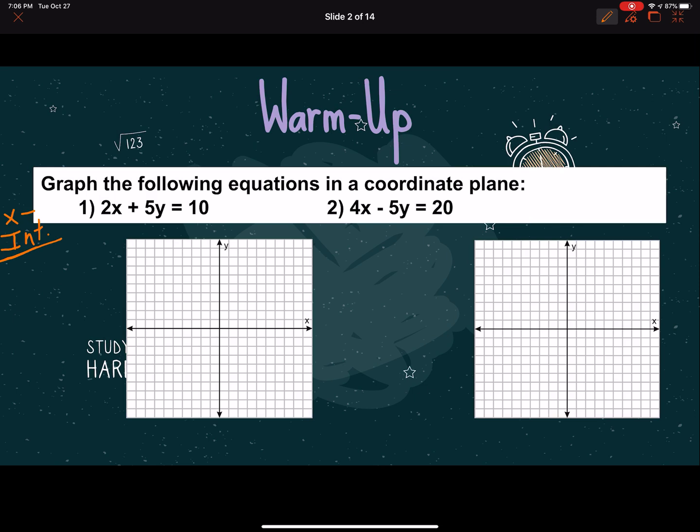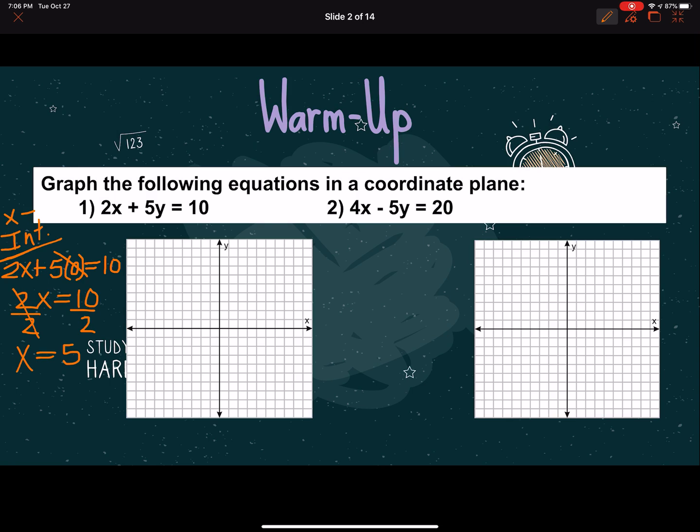So I'm going to put 2x plus 5, now I'm going to replace the y with a 0, equals 10. Any value times 0 is 0, so that leaves us with 2x equals 10. Divide both sides by 2, and x equals 5.